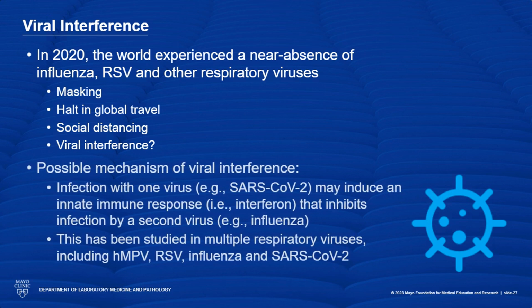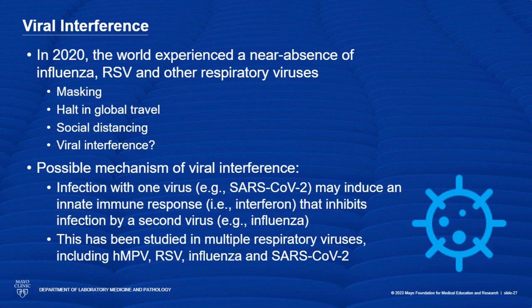So the possible mechanism of viral interference is that when an individual has infection with one virus like SARS-CoV-2, that can induce an innate immune response like interferon that inhibits infection with a second virus, potentially influenza. And there have been multiple studies that have shown that this can occur both in mouse models and in humans with viruses like human metapneumovirus, RSV, and influenza.